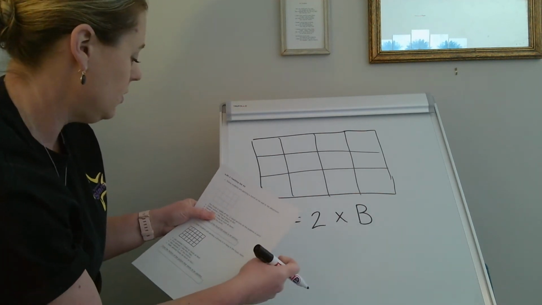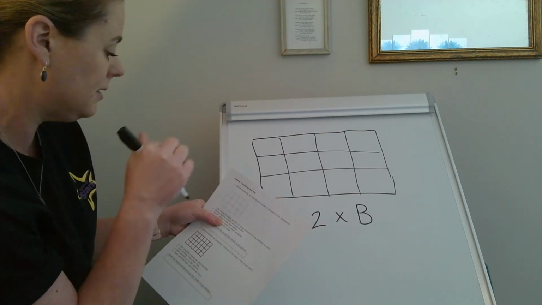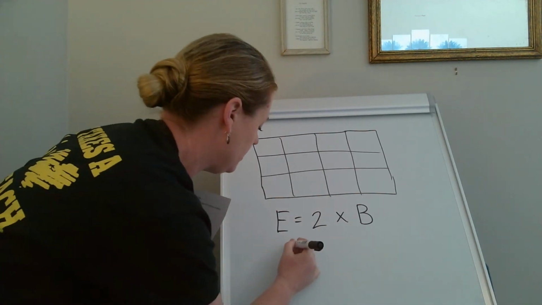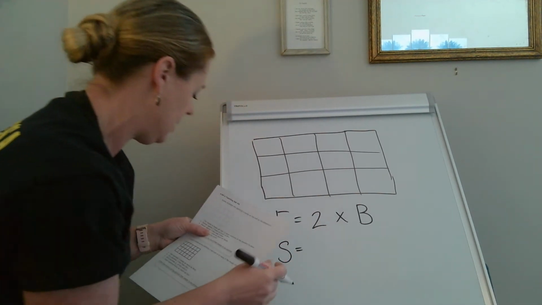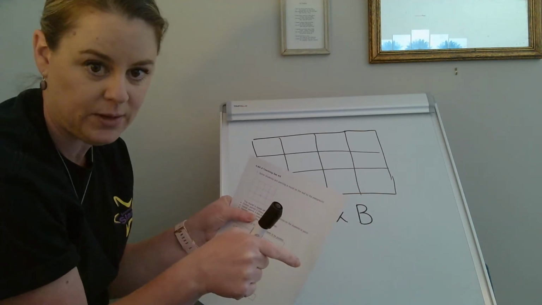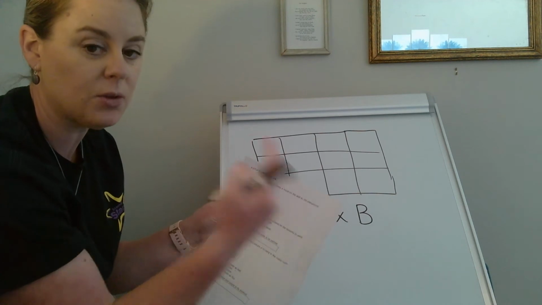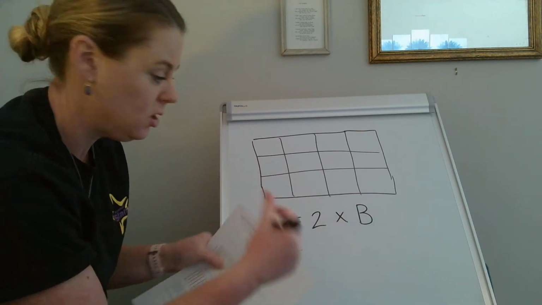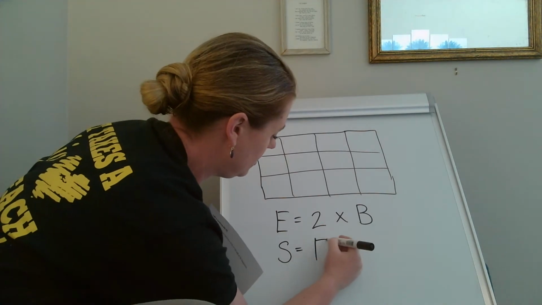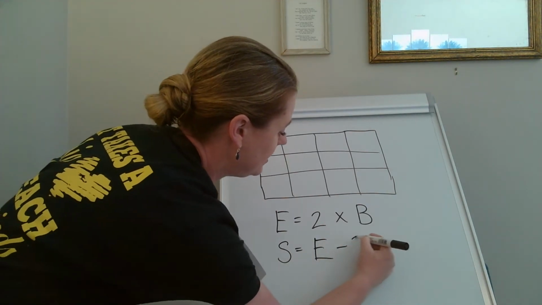Okay? So the next one is Sarah paints 3 less than Esther. So that means we have to take 3 away from Esther. So Sarah paints, here's Esther, 3 less.